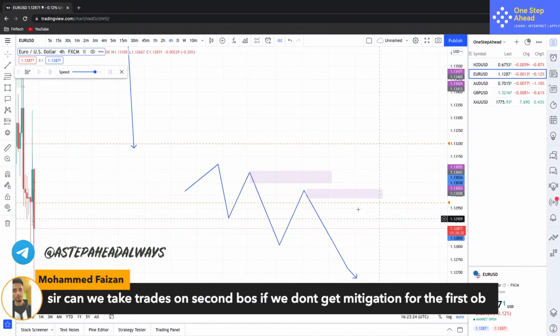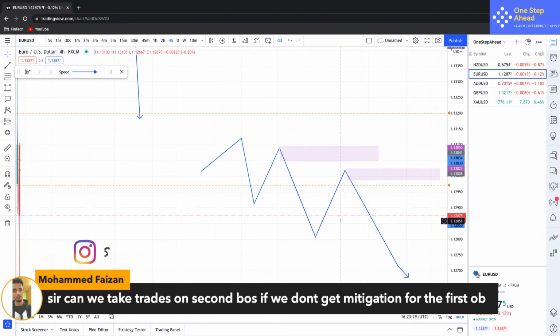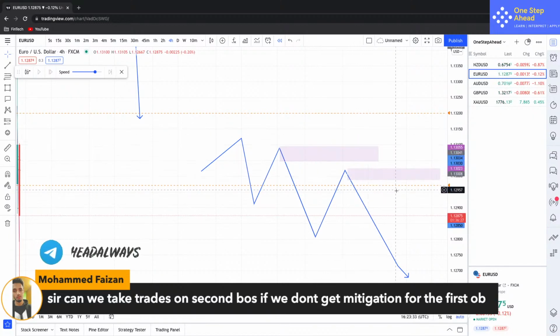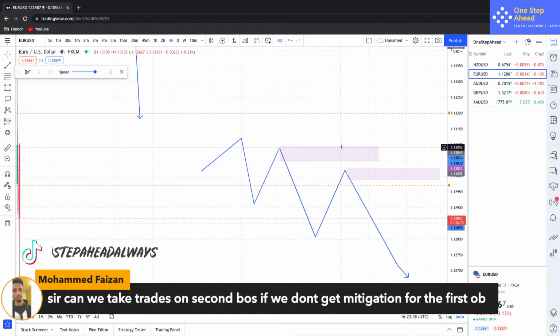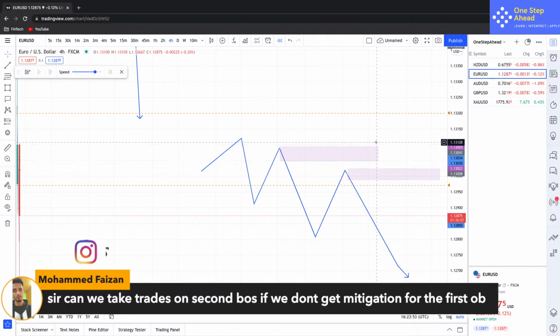Okay, you can take trade from here, but this is low probable. Okay, so I would suggest, if you have some kind of order flow established on the order block, or this, then you can take the trade. So that's high probable. You can simply put limit order here, and limit stop above, limit order here, and limit stop above. That's less probable because there is no order flow.